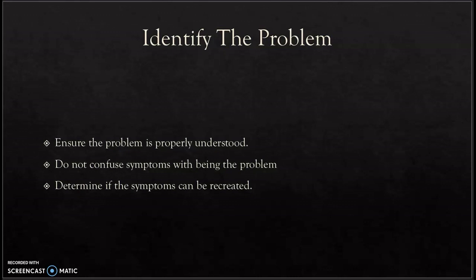Once you've understood the issue and the problem, can you recreate this issue? Let's say you are on a user's computer and you have two screens: a laptop screen and an external screen plugged in.